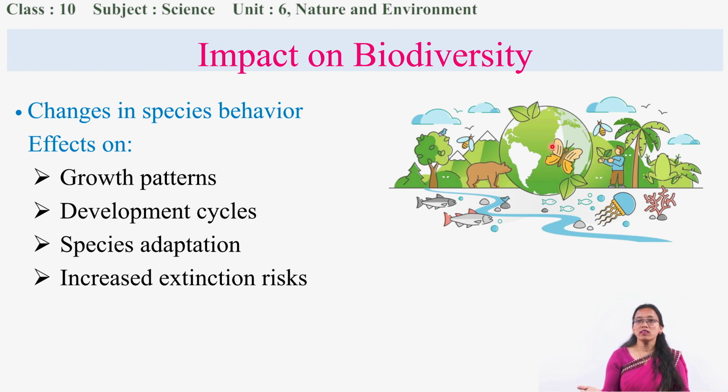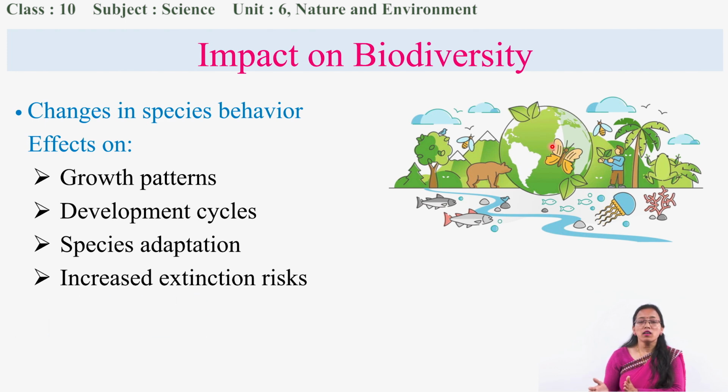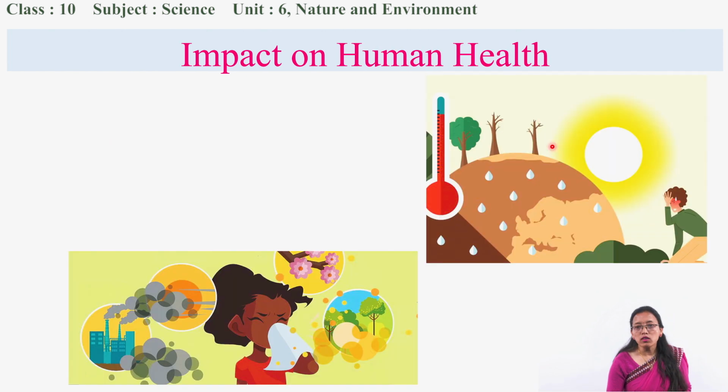Temperature is rising and all the atmospheric conditions are also changed. Because of that, they are not able to adapt to that environment, so there is a chance of extinction risk for those native organisms. So these are some of the impacts on biodiversity.